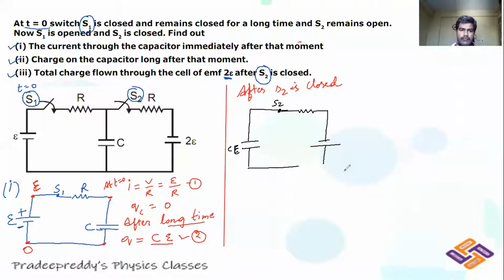Clear? Now, initially upon this plate, the charge is plus CE, and here it is minus CE. Therefore, upon this capacitor the top plate has charge plus CE initially, and minus CE on the bottom plate.